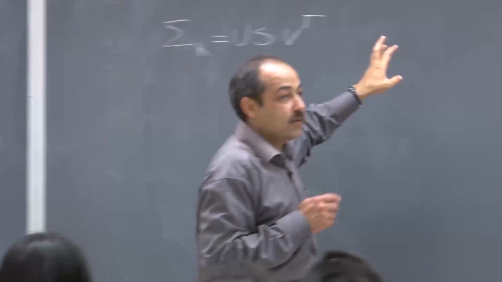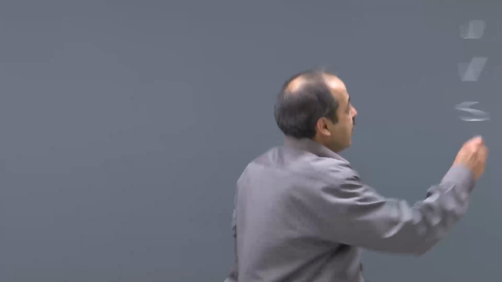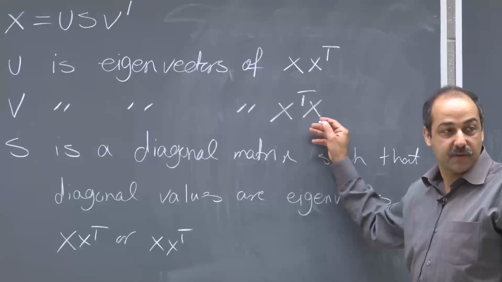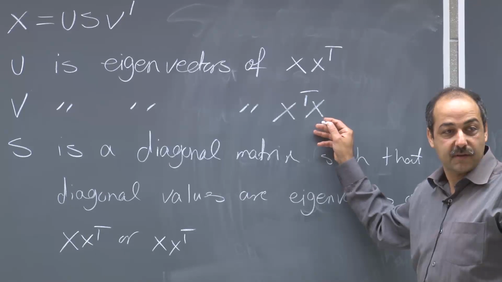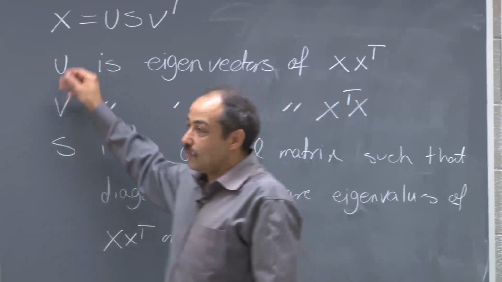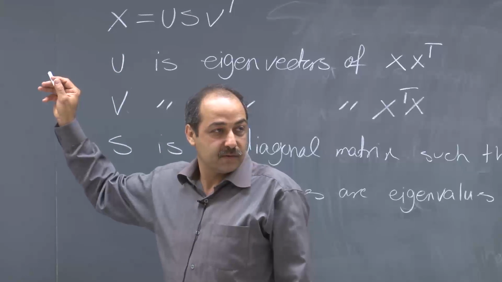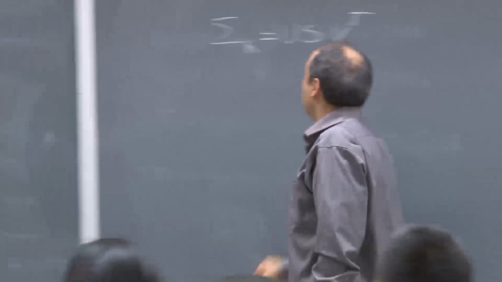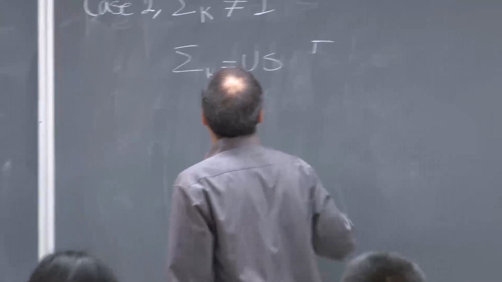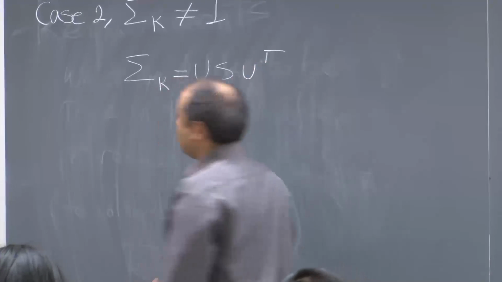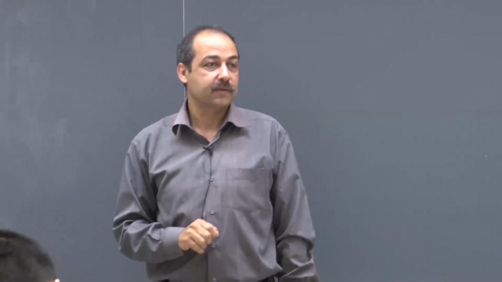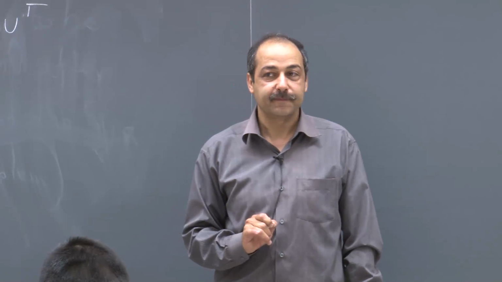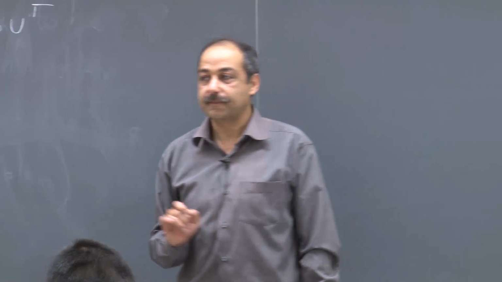If sigma is equal to sigma transpose, then V is going to be the same as U. So I can decompose it as U S U transpose. Is that clear? Okay.